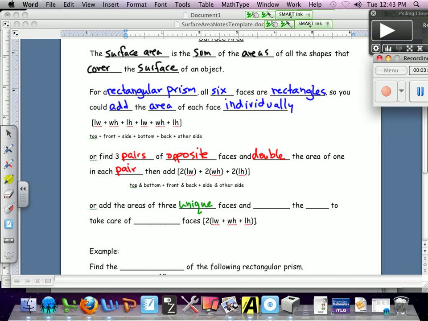So the 3 unique faces, meaning the top, the front, and the side, and then double the sum to take care of opposite faces: top and bottom, front and back, side and other side. Got to make sure you're getting all 3 of those parts.